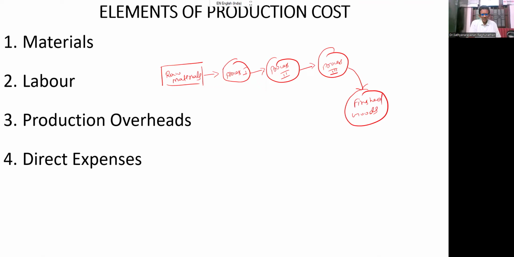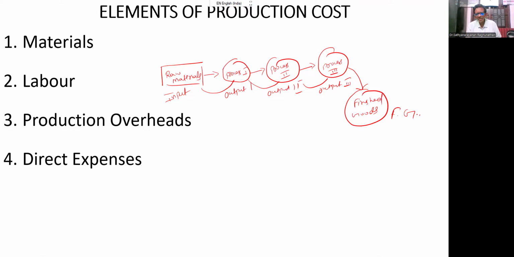So raw material goes to process 1. The raw material is the input stage. This is the first output, from here to here the second output, from here to here the third output, and then finished goods.